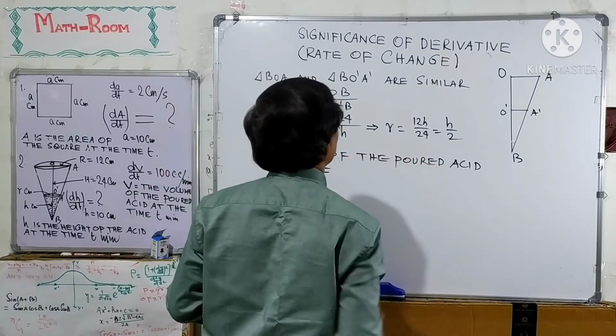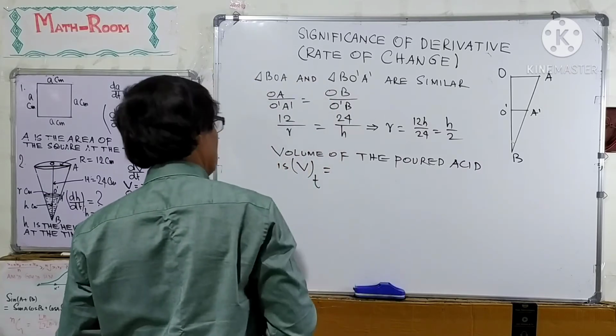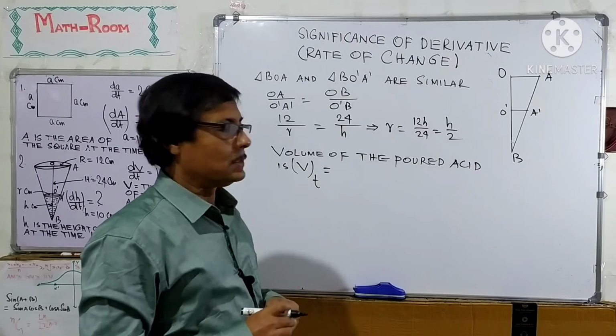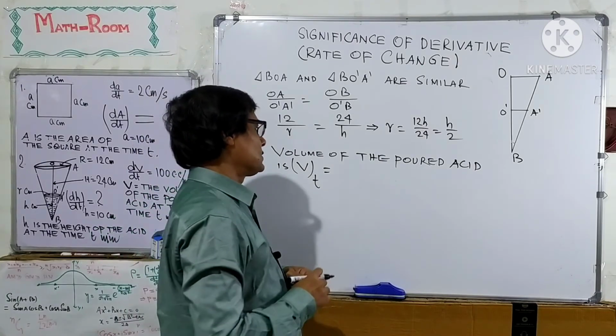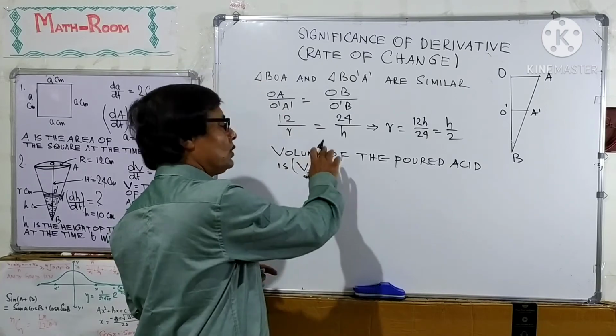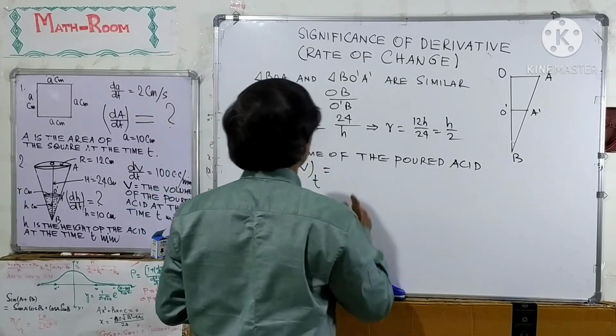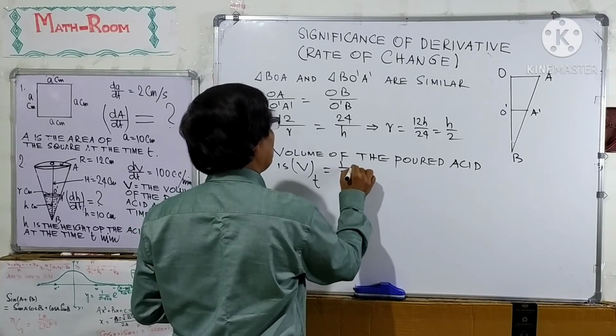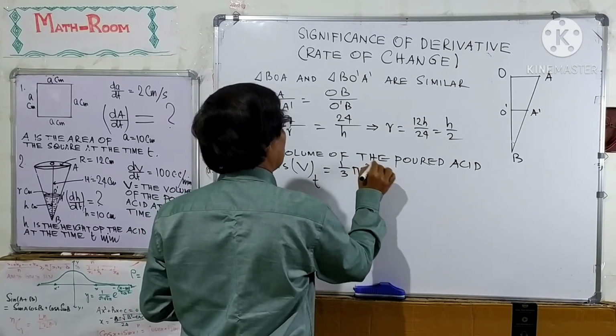this poured acid is in conical shape, that is, its shape is a right circular cone. So, the volume of the right circular cone, we have already known the formula, which is 1/3 pi r square h.